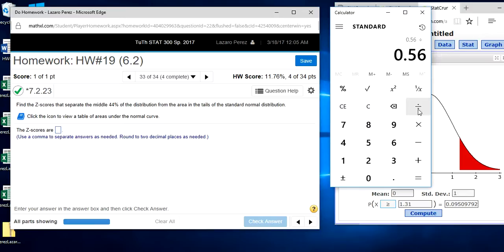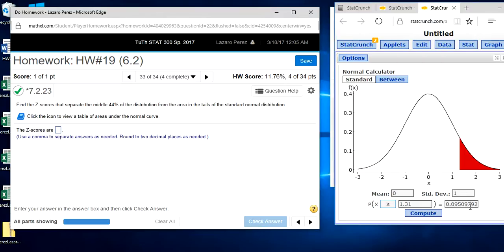Then for one side, it's divided by 2, so 0.28. So we find the z-score for 0.28.